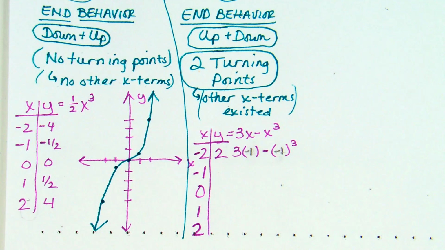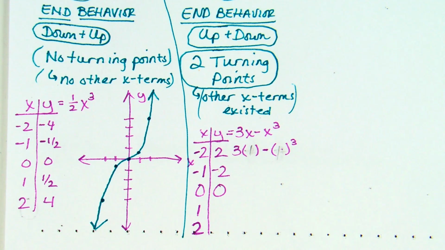Plug in 1. 3 times 1? 3. 1 to the third, 1. 3 minus 1? 2. And plug in 2. 3 times 2? 6. 2 to the third, 8. 6 minus 8? -2.